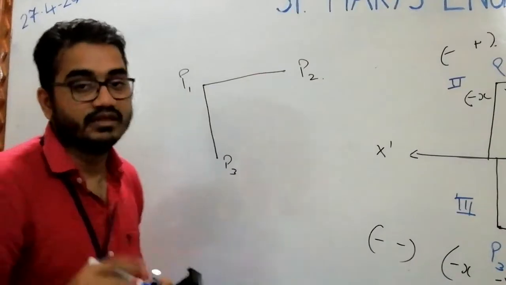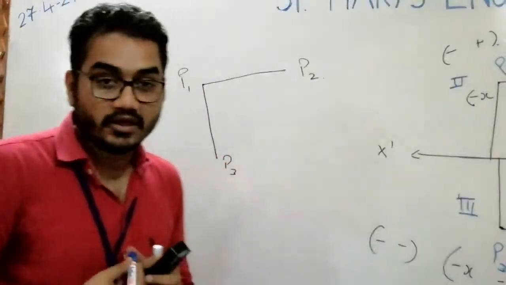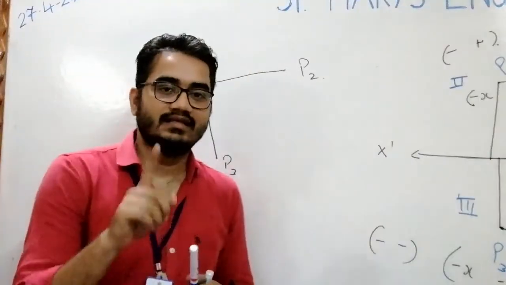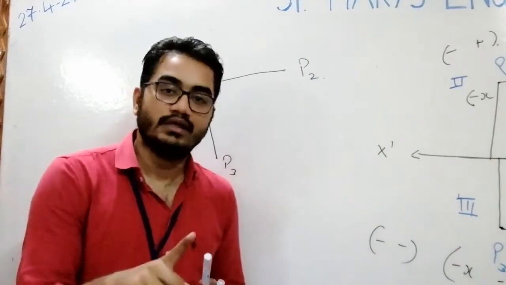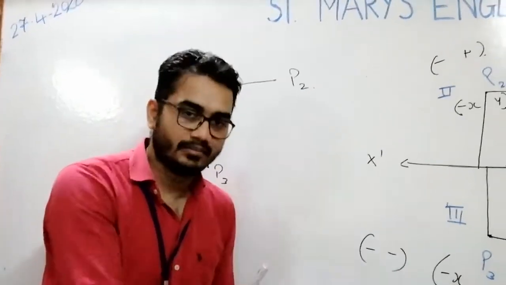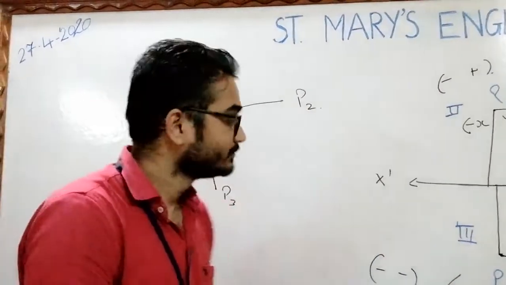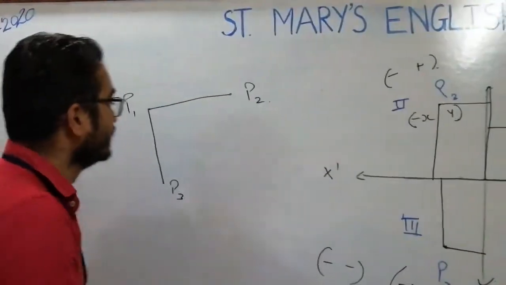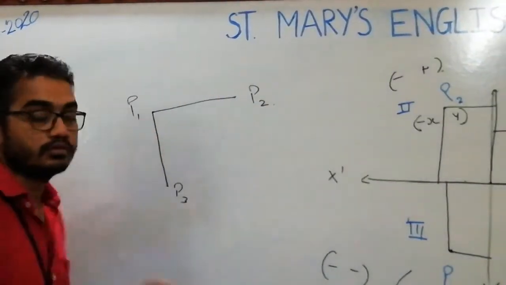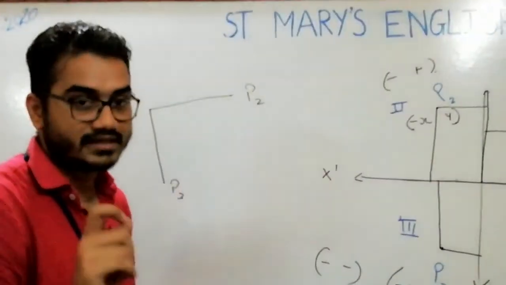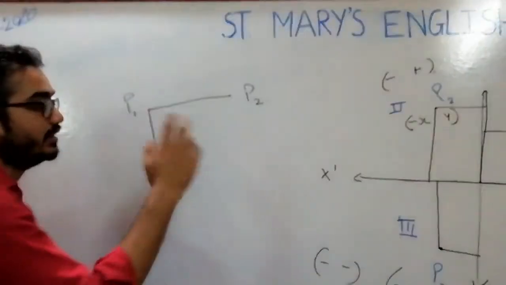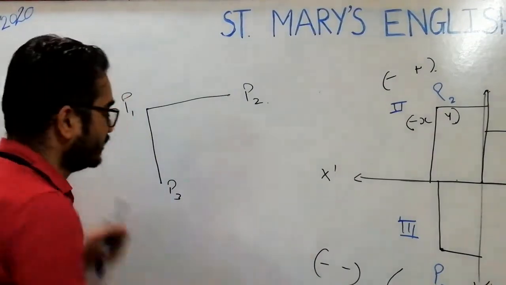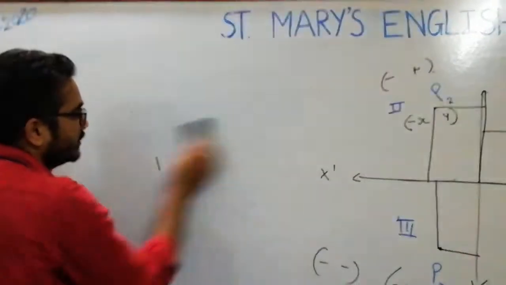That means if we have 3 points, it is not necessary that all 3 points are collinear. They might be somewhere else. So just remember that we can draw a straight line between 2 points. That will be useful in the next topic which we are going to take. So just remember this one.